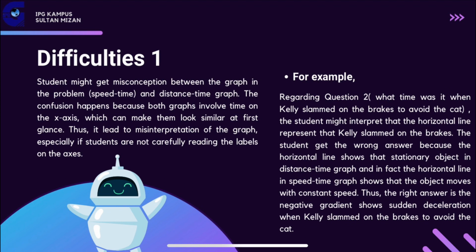The student gets the wrong answer because the horizontal line shows a stationary object in a distance-time graph, and in fact the horizontal line in a speed-time graph shows that the object moved with constant speed. Thus, the right answer is the negative gradient, which shows sudden deceleration when Kelly slammed on the brakes to avoid the cat.